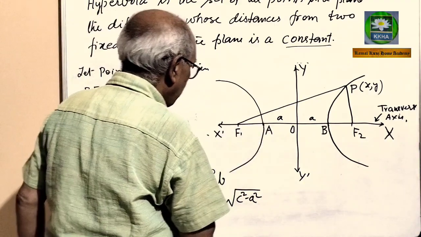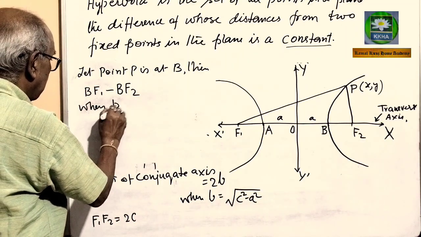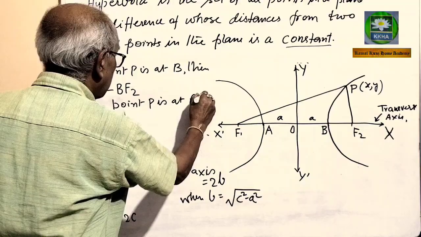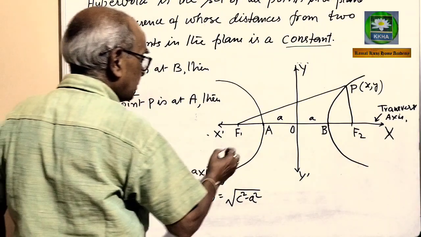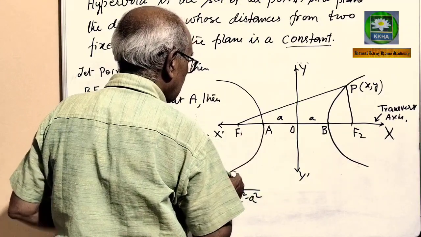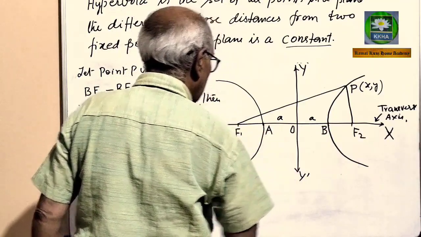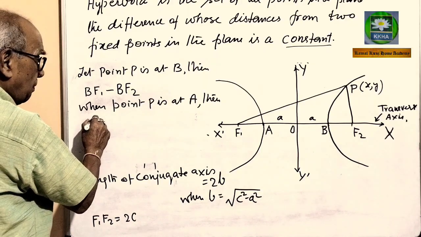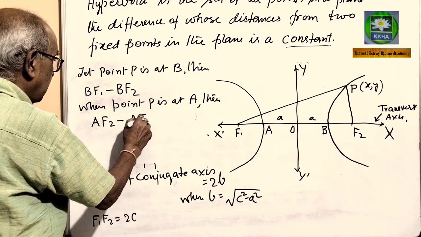Now when the point P is at A, the difference will be AF2 minus AF1.